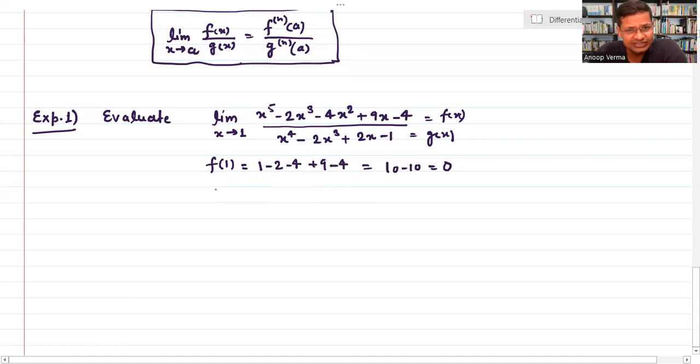What will be g(1)? It will be equal to 1 minus 2 plus 2 minus 1, and this cancels out, we get 0. So f(1) and g(1) both are equal to 0. So you will get this is a 0/0 indeterminate form.